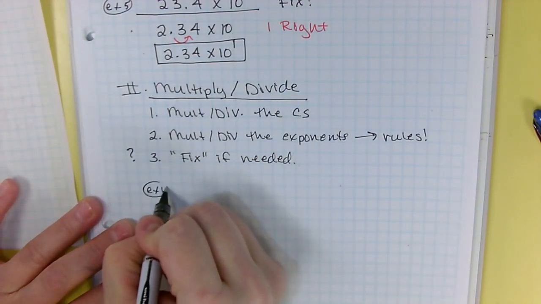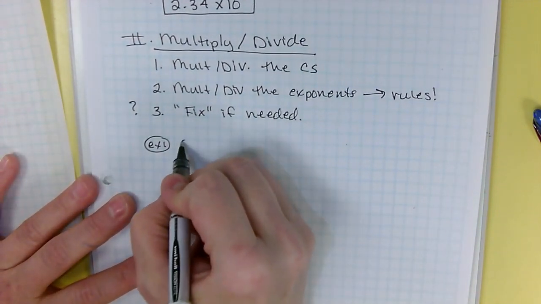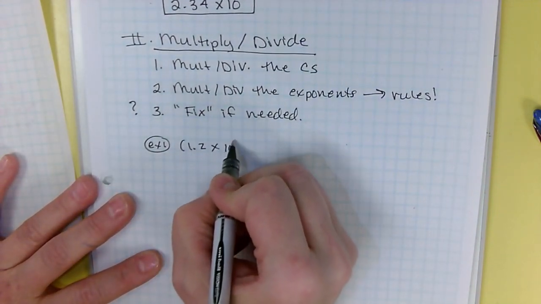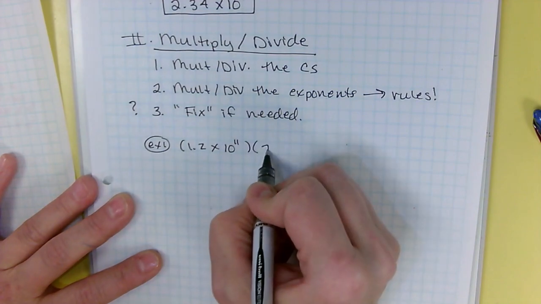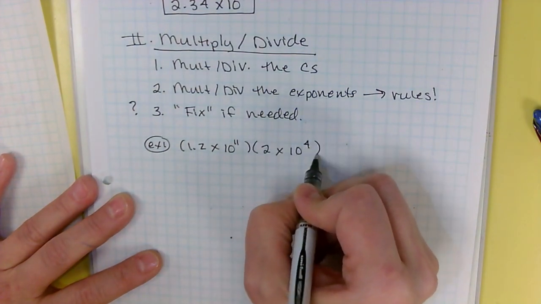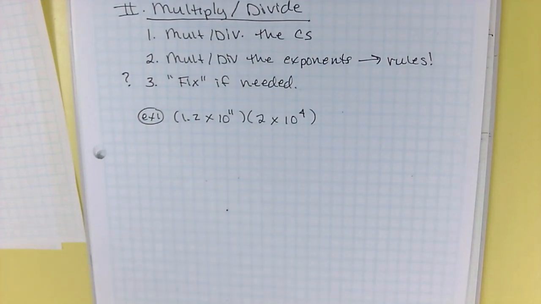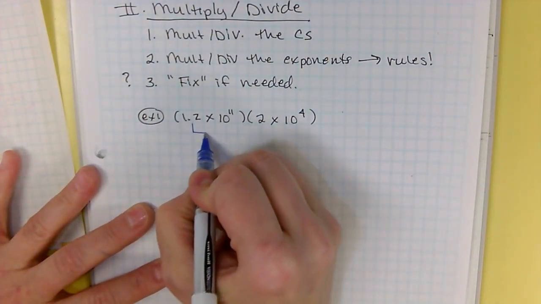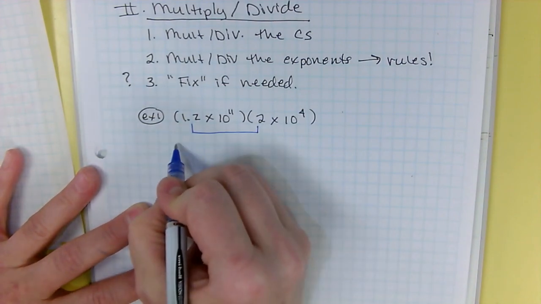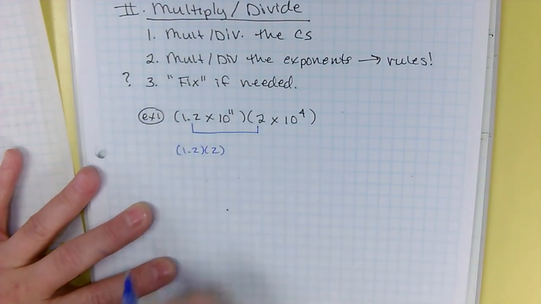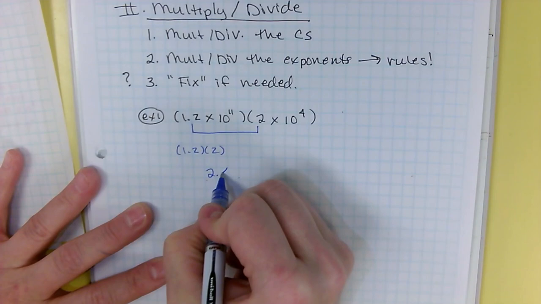Okay, let's do an example. We're going to do 1.2 times 10 to the 11 times 2 times 10 to the 4th. All right, so to multiply, you multiply the C's. So I'm going to go 1.2 times 2, which is 2.4.